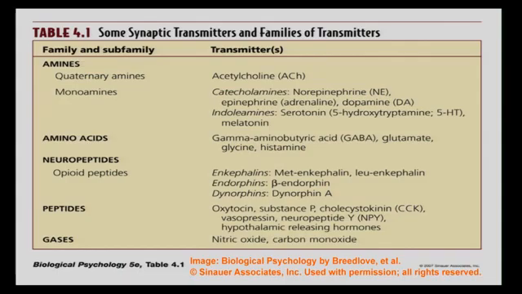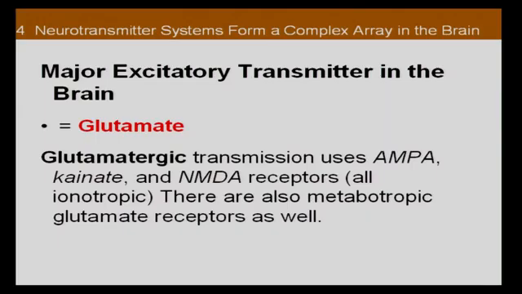We want to focus on glutamate right now. Again, it's the major excitatory neurotransmitter of the brain. It is the workhorse of your brain. The majority of the time a cell is getting excited in your brain, you're using glutamate.